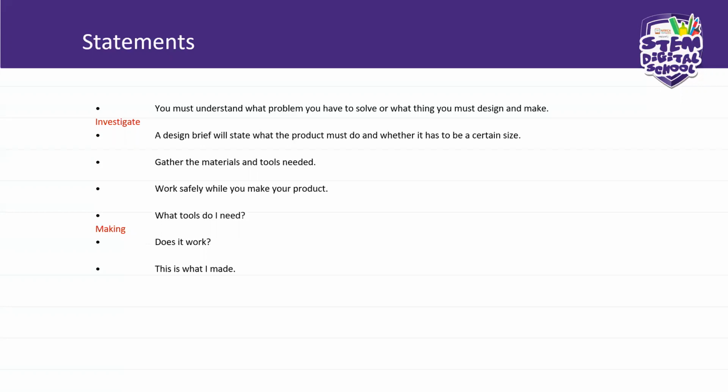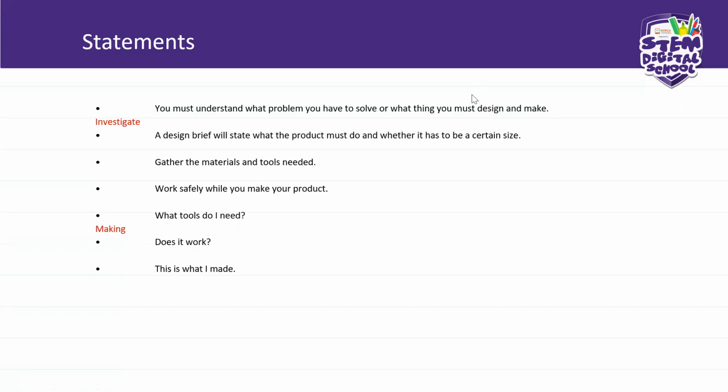A design brief will state what the product must do and whether it has to be a certain size. What stage is that? Mudiahi, it is investigate, okay?